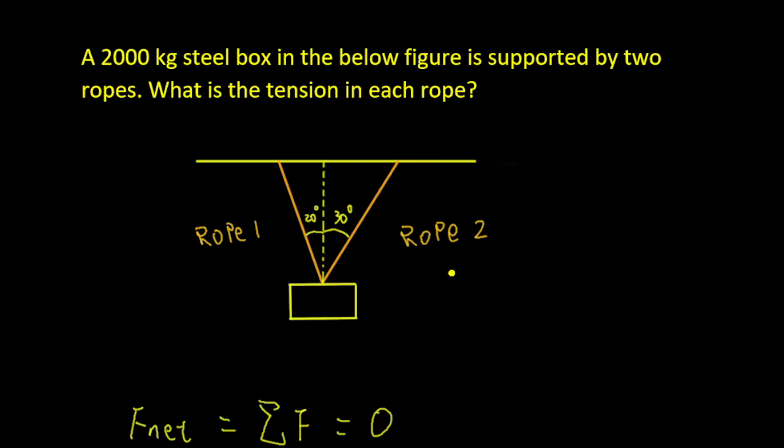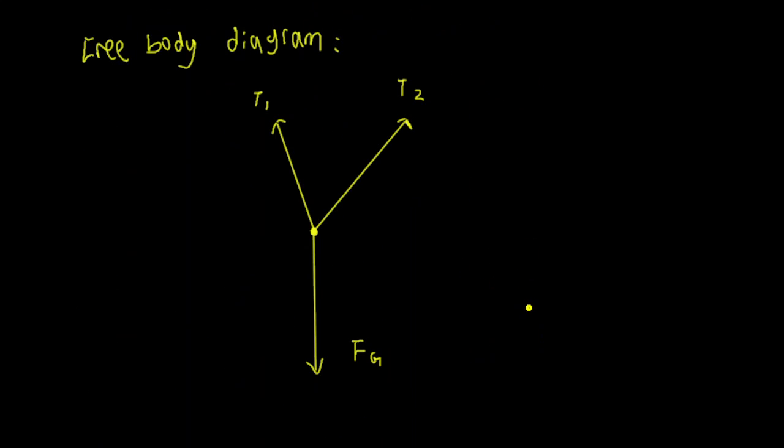So for the box to stay stationary, there are really just the two tension forces and the gravity force pulling down. The sum of these two tension forces will offset the gravity force, so that this box stays here and is not moving.